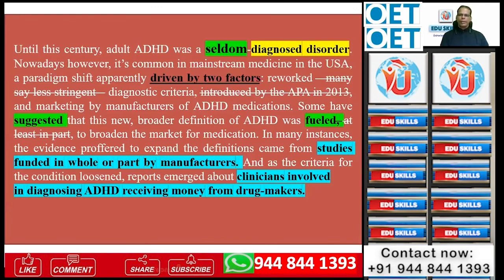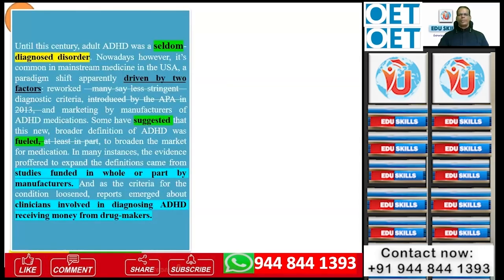And clinicians involved in diagnosing ADHD were receiving money from drug makers. There are also reports that corruption was happening. Clinicians were getting money and diagnosing many people as having ADHD so that the market could be fueled or encouraged. So you'll see this comparison here.